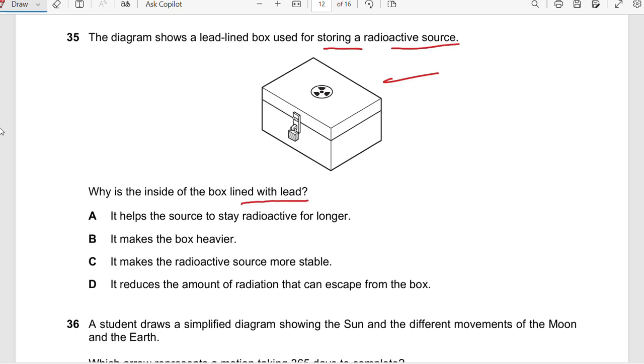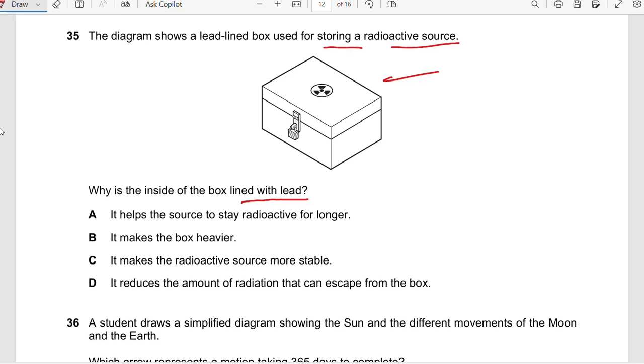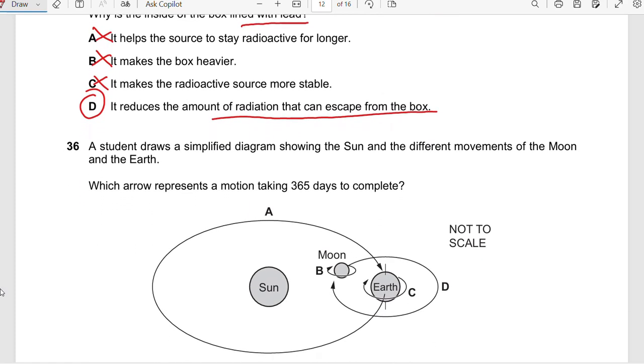So to protect ourselves and our environment from the radiation, we use the lead. So it's actually for protection. In A, they say it helps the source to stay radioactive for longer. No. It makes the box heavier. No. It makes the radioactive source more stable. No. Indeed, they say it reduces the amount of radiation that can escape from the box. This is correct.